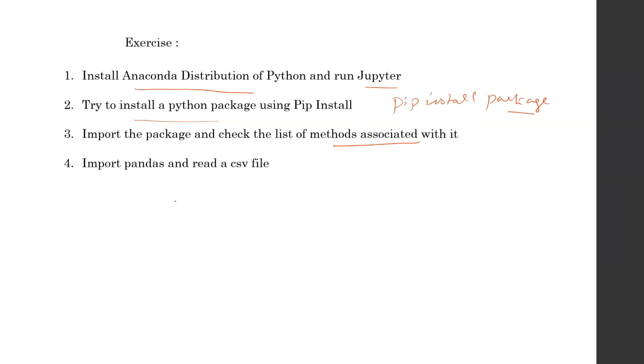The fourth exercise is to import pandas, which is already part of the Anaconda distribution, and try to read a CSV file. Have a CSV file in your current working directory, read it, and check only the first 5 rows. So these are the exercises as part of this session. I hope you will work on them.